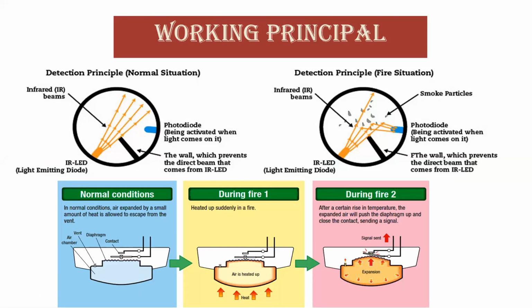A wall prevents the direct beam from the IR light. When fire occurs, the smoke scatters the light, and this light is sensed by the photodiode, which is activated. This is the figure of normal conditions. This is during fire 1. This is during fire 2.